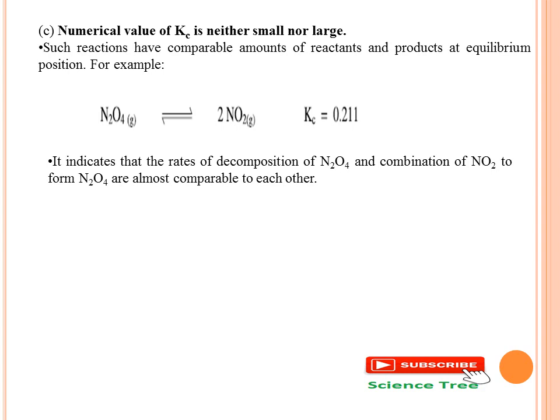Now this reaction achieves equilibrium at a very moderate value. It indicates that the rate of decomposition of dinitrogen tetroxide and the combination of nitrogen dioxide are almost comparable to each other. So in this way, the moderate value of Kc indicates that equal amounts of reactants and products are present in the reaction.